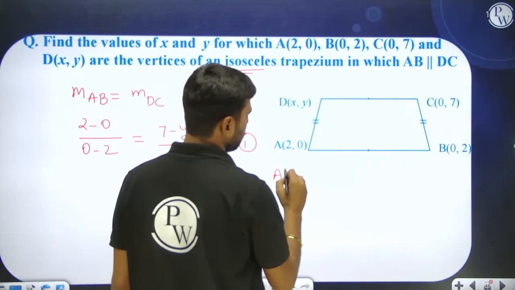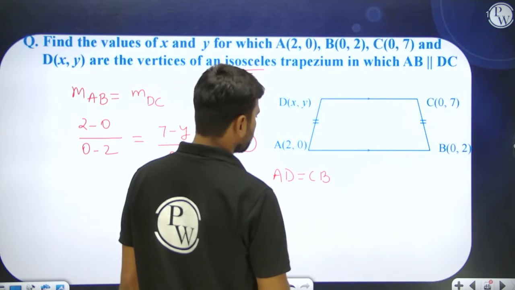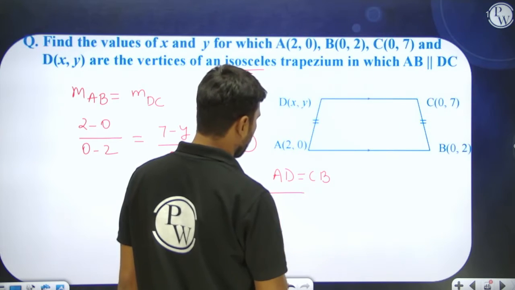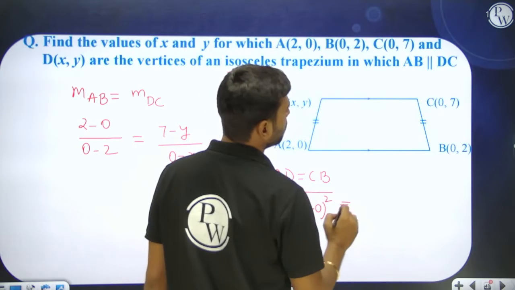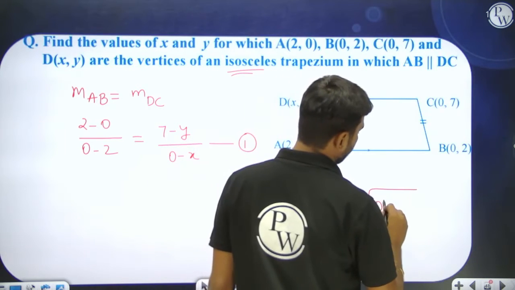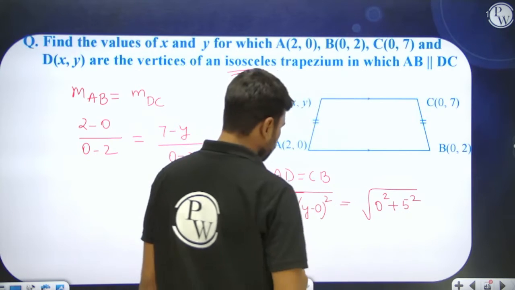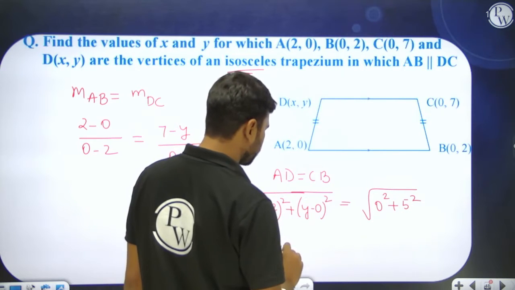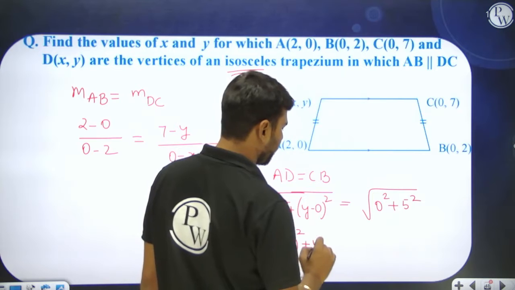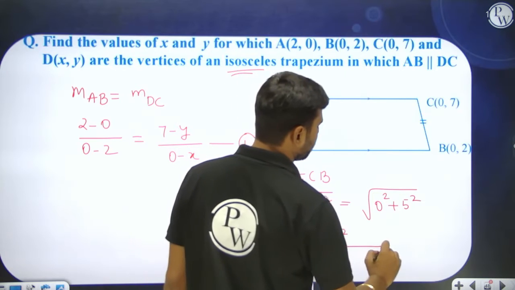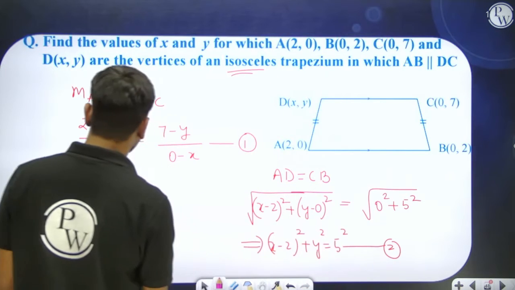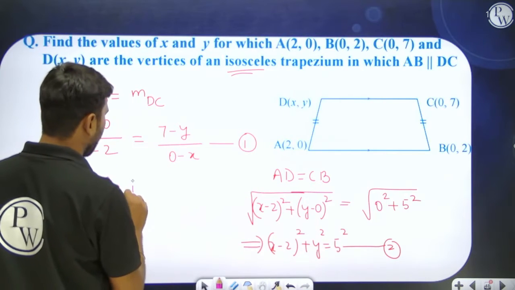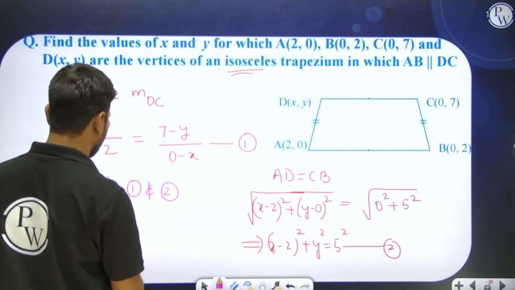AD equal to CB means you can apply the distance formula: under root (x minus 2) whole square plus (y minus 0) whole square equals CB, which is 0 square plus 5 square. If you square both sides, (x minus 2) whole square plus y square equals 5 square, calling it equation 2. Now 2 equations, 2 unknowns: solve equations 1 and 2 for the values of x and y.